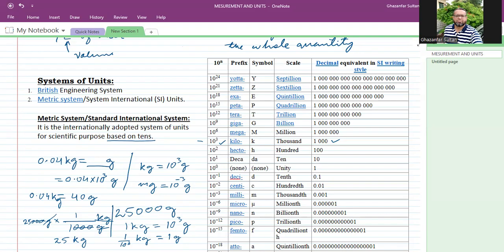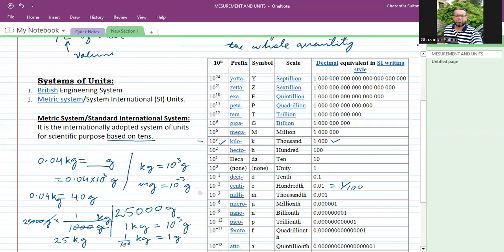So here we are talking about why it is called metric system. Metric means that it is based on 10, and you can see in this table deci is 10 raised to power minus 1, that is 1/10. Centi is 10 raised to power minus 2, that is 100th. 100th means 1 upon 100, and 1 upon 100, if you calculate, you will get 0.01.